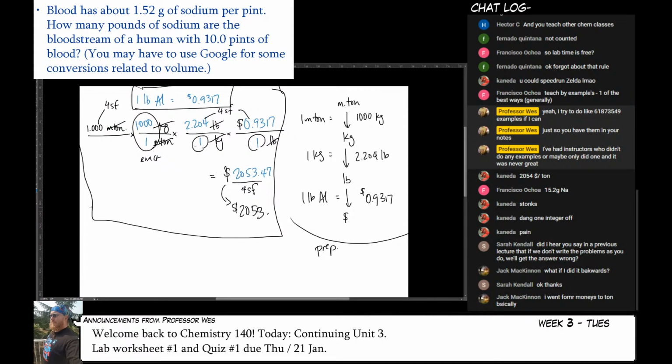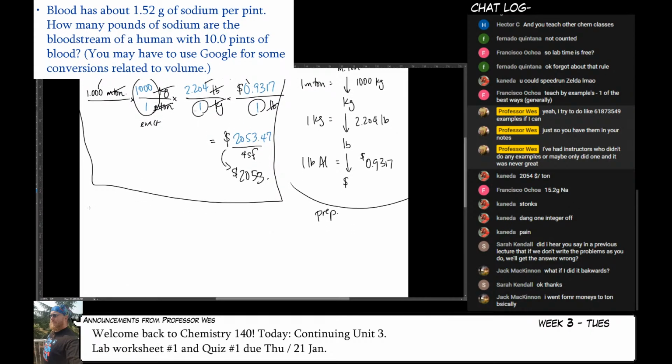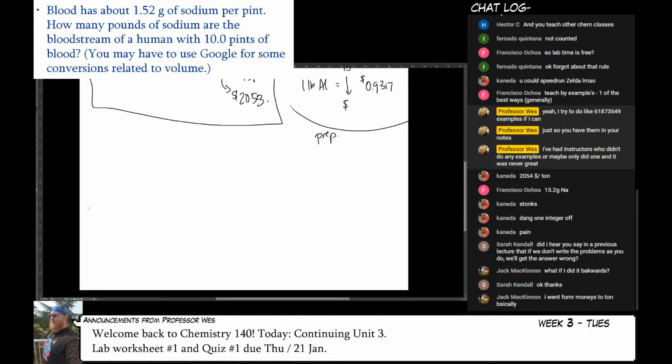And so that is not recommended. Try and find the thing that is not the conversion. So in this second problem, what's not the conversion? It's the 10 pints of blood, because that's just the quantity that we're starting with. So that's what you're going to start with on your planning. This is what I want, and this is what I start with.